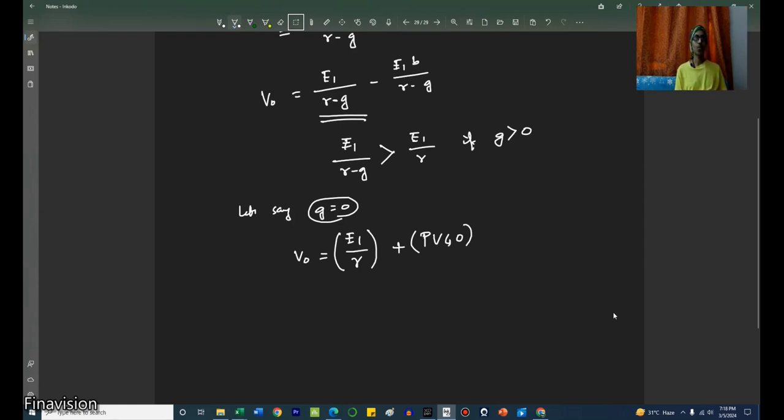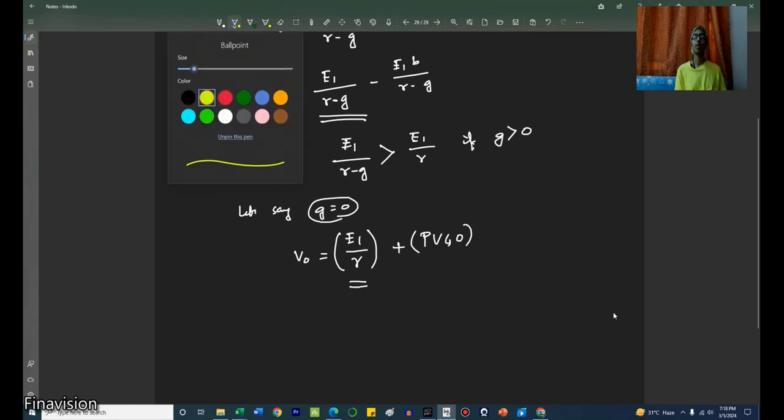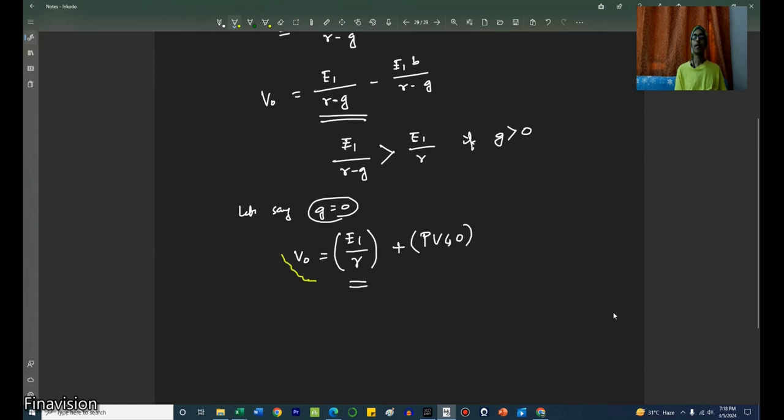If there is no growth, the value is E1 by R. If there is some growth opportunity, and we are not using R minus G in the denominator, then V0 has to be expressed in terms of E1 by R plus present value of growth opportunities. So this is one way to express the same Gordon growth model in a little tweaked way.